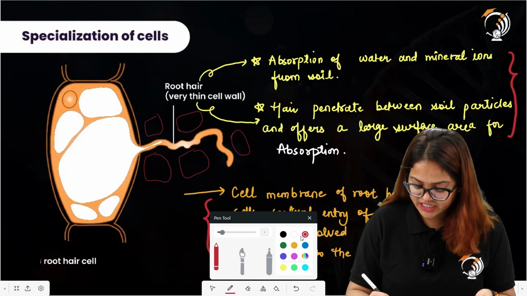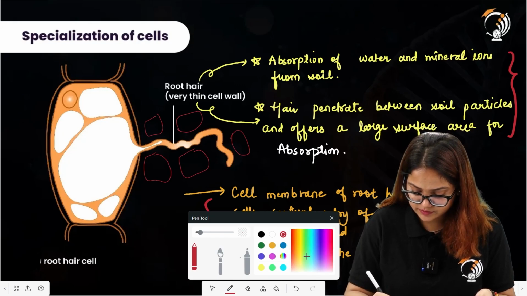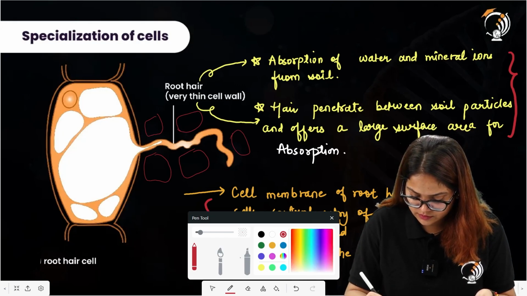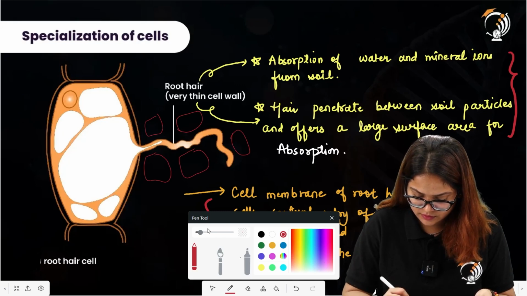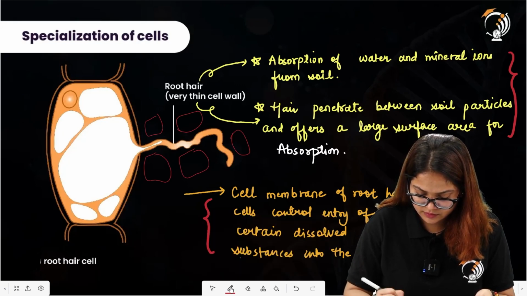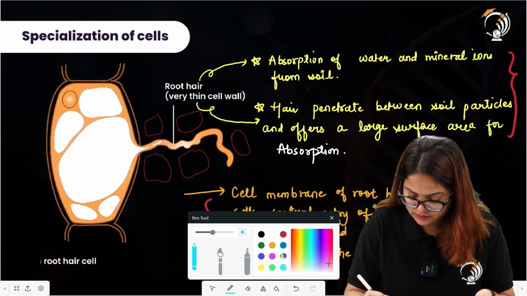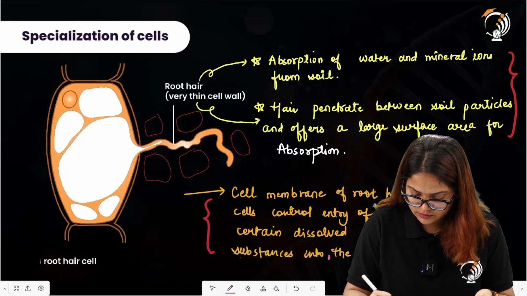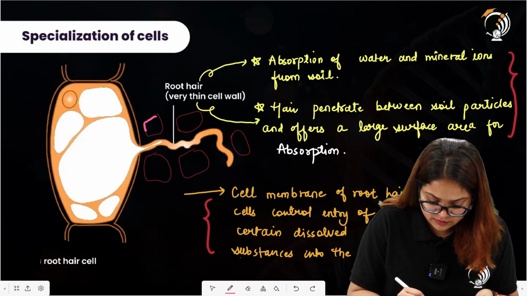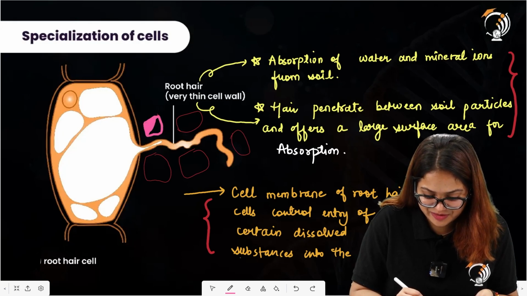So they penetrate deep into the soil. The particles are pink colored.